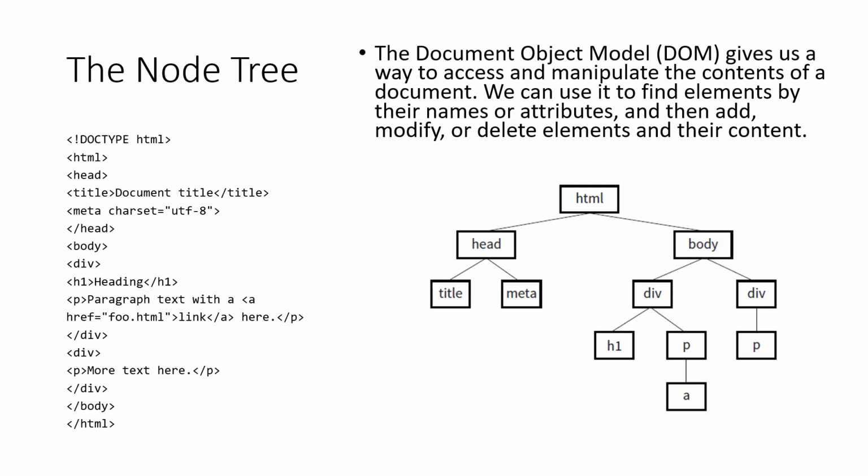Similarly, within the body, you can find div. Within the first div, you have H1 and paragraph, and within the paragraph you have an anchor as well. Similarly, the next division simply has a paragraph. So this is what we know as the node tree. For a given HTML document, you should understand how to come up with this node tree.